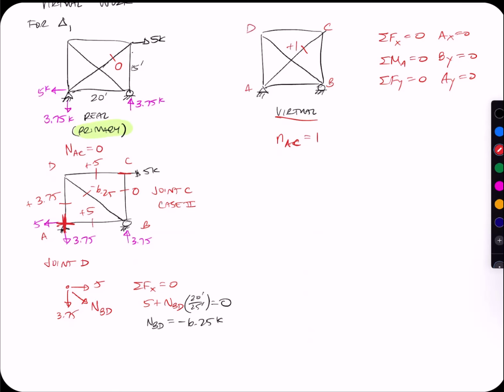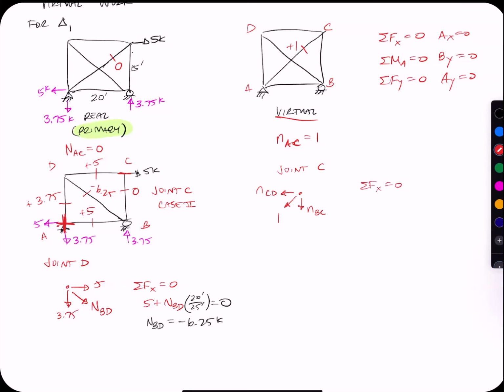I'll look at joint C to start. So I know I've got this +1 for force AC, and then I've got little n BC and little n CD, and I can sum either one.